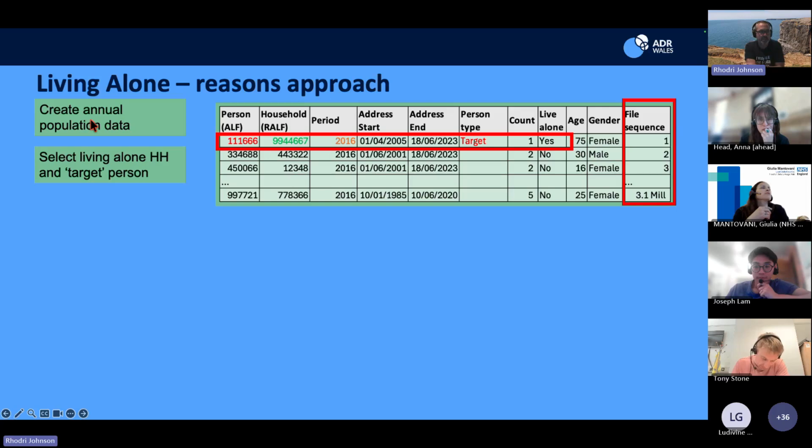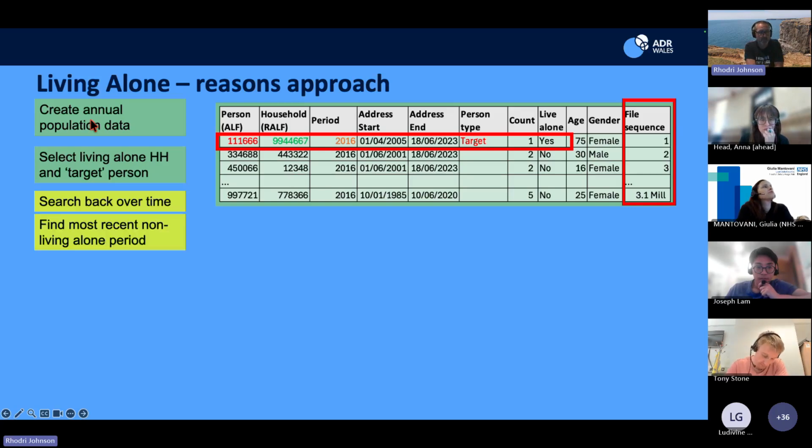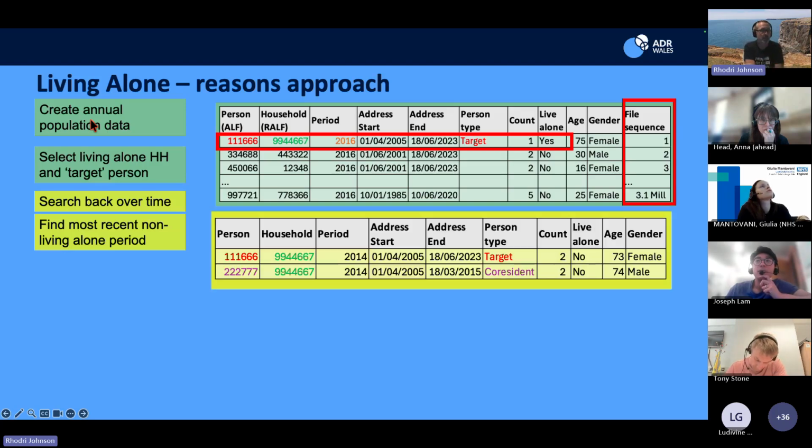Earlier example, in 2016, yes, they were living alone. They were age 75 and they were female. We then search back over time and find the most recent non-living alone period. So this person was living alone in 2016, search back through that data, when were they last living with somebody else?